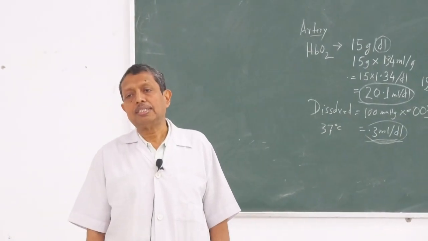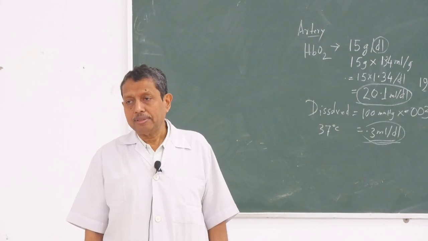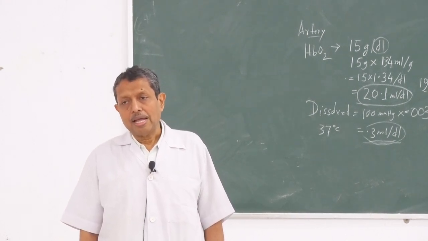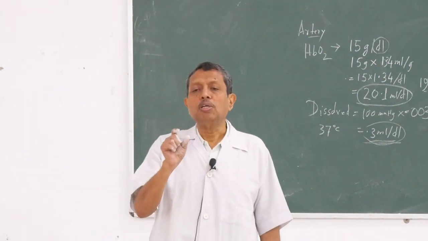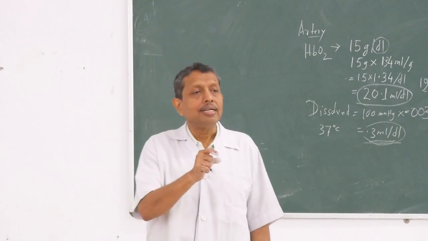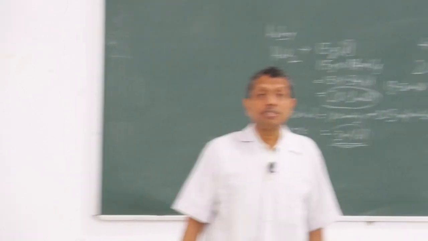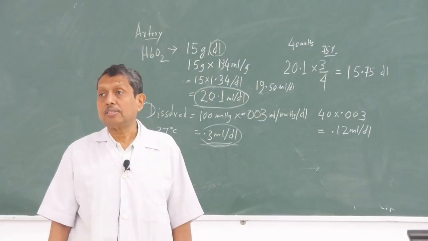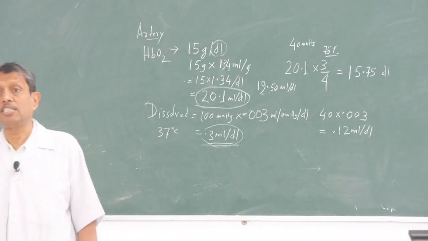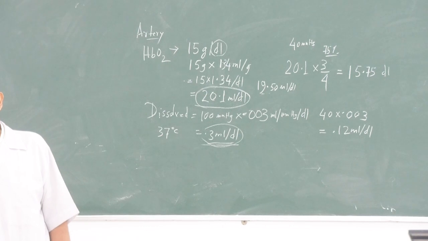And oxygen is carried by hemoglobin, mainly hemoglobin. Hemoglobin binds with oxygen, and this binding is a reversible process. It is not oxidation in that sense. The iron remains in the ferrous form.